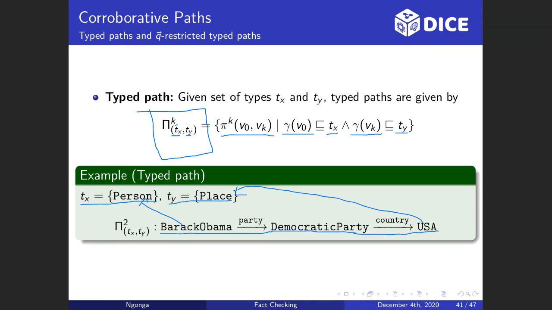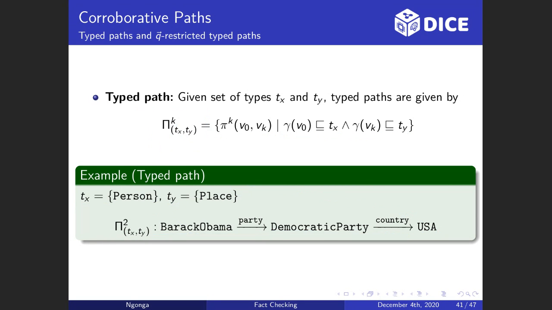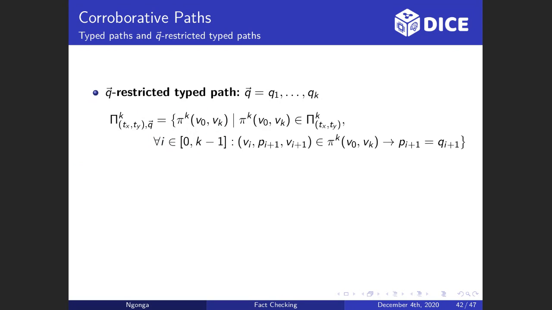So basically we restrict the type of paths which we are allowed to put in this set by looking at ontological information, at subsumption relations. Okay, let me clean this up and move on. Now we can create what we call a Q-restricted type path. It is a type path, so you can see that this remains, but we add a further condition where we basically say that the sequence of predicates in the path must be of a certain type.